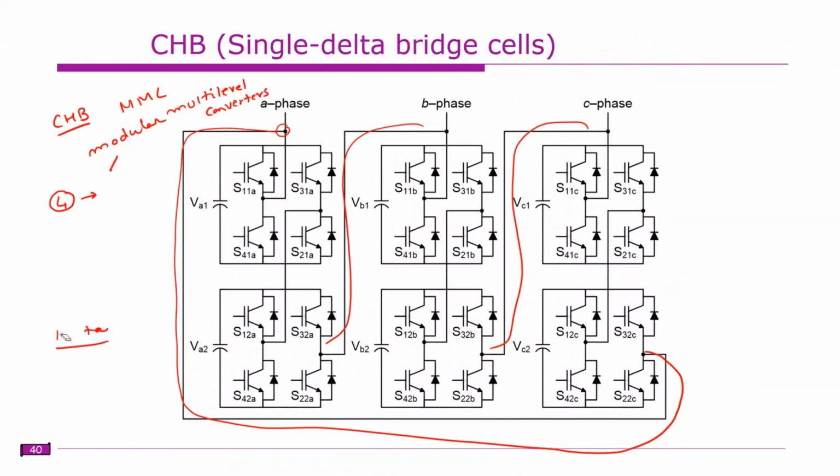The first one is single star bridge cells. The second one is single delta bridge cells.